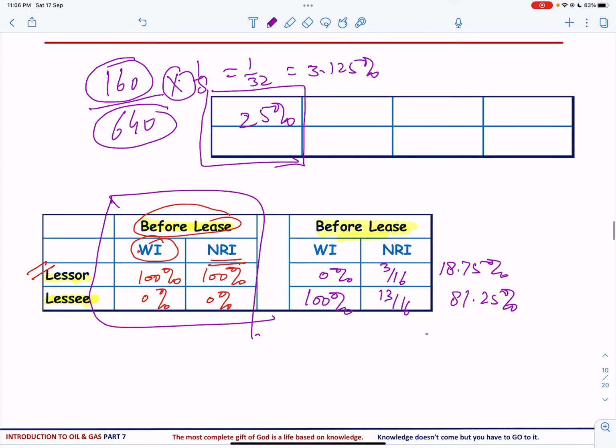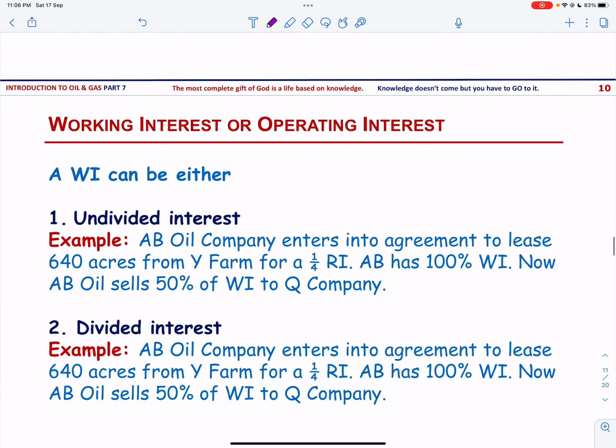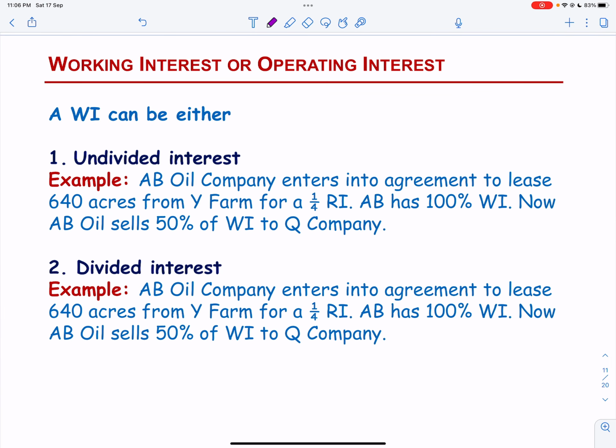A working interest can be an undivided interest. Undivided interest exists when multiple owners share and share alike according to their proportion of ownership in any minerals severed from the ground. So let us look into an example. AB Oil Company enters into an agreement to lease 640 acres of land from Y Farm for 1/4 royalty interest. AB has 100% working interest.